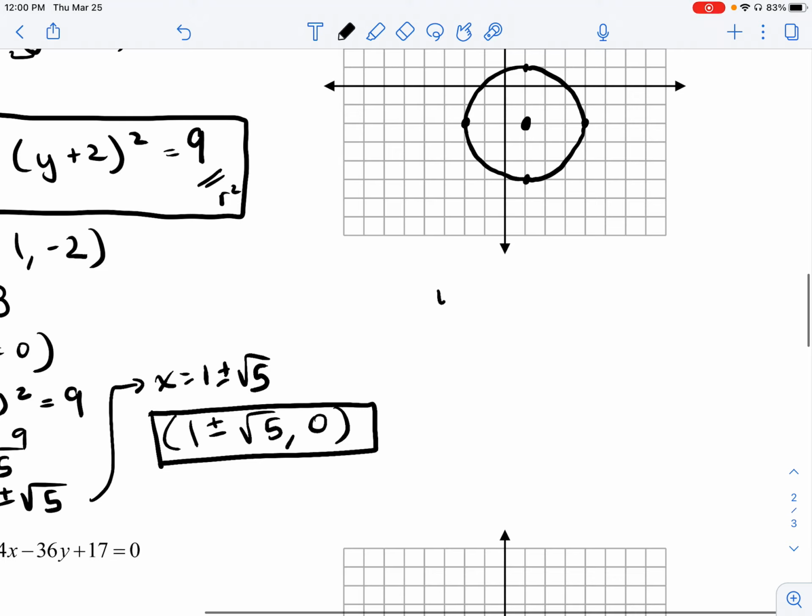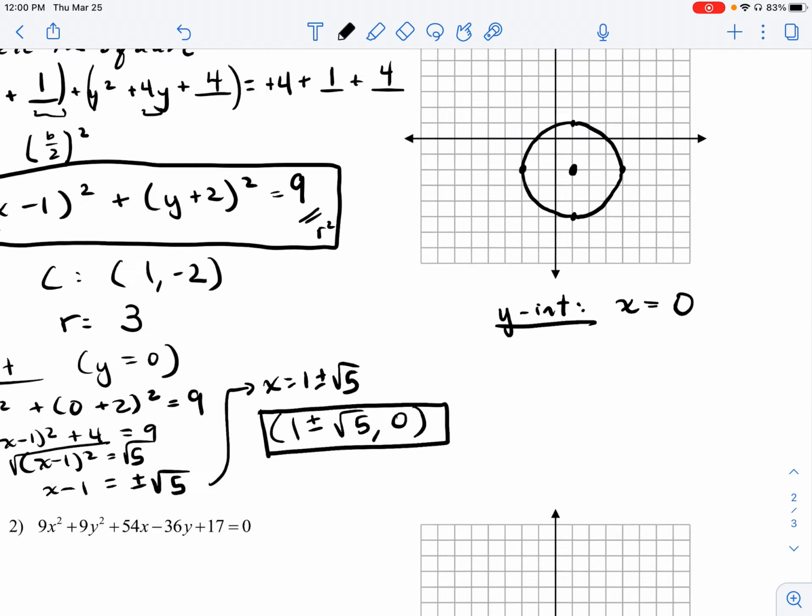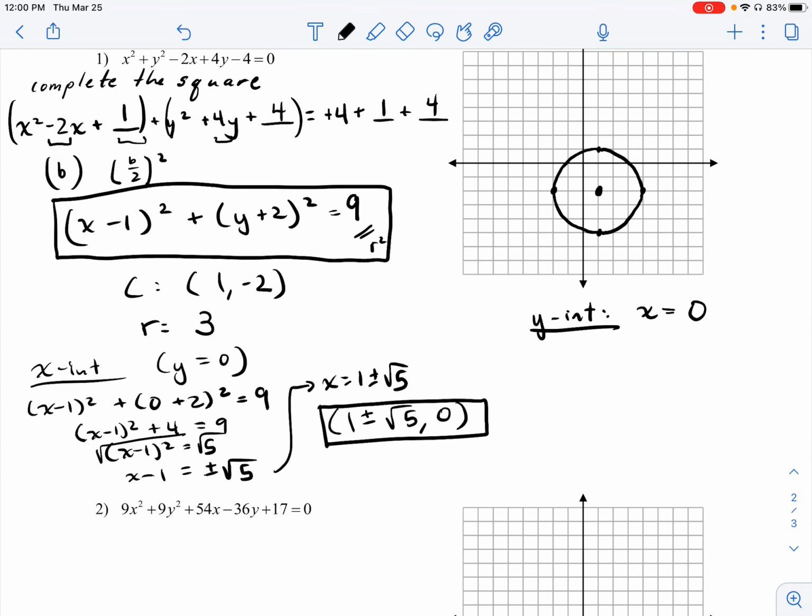What about the y-intercept now? Well, to find the y-intercept, we're going to set x equal to 0. So we're going to do the same thing here. We're going to say, all right, 0 minus 1 squared plus y plus 2 squared is equal to 9. That would be 1 plus y plus 2 squared is equal to 9. And let's just actually write that as y plus 2 squared is equal to 8.